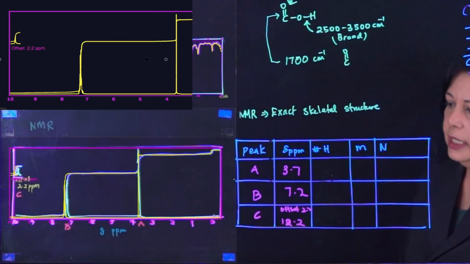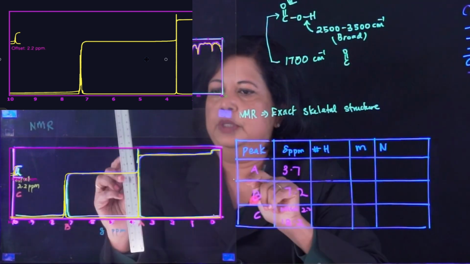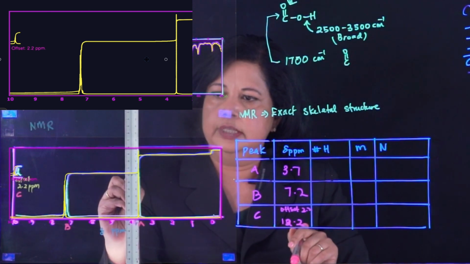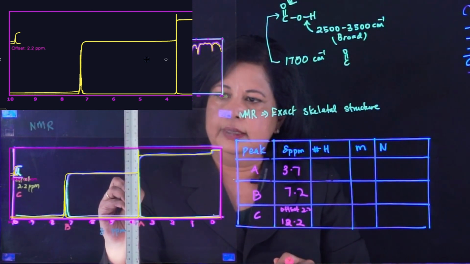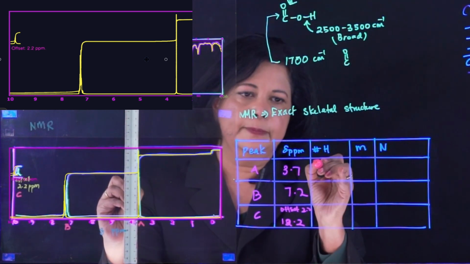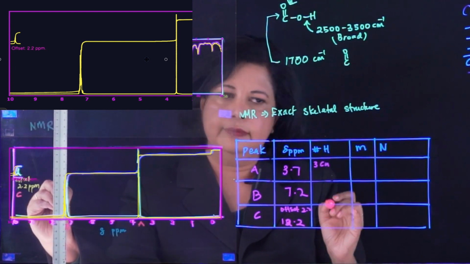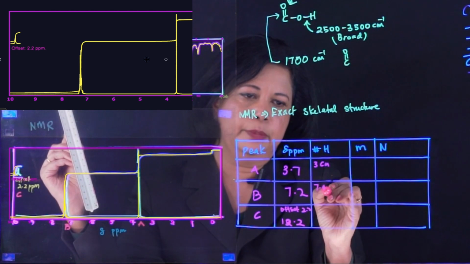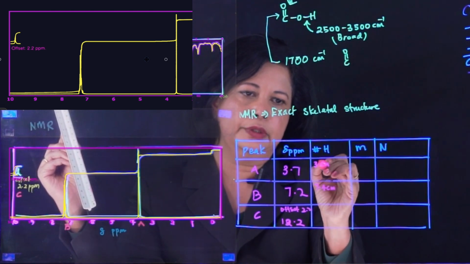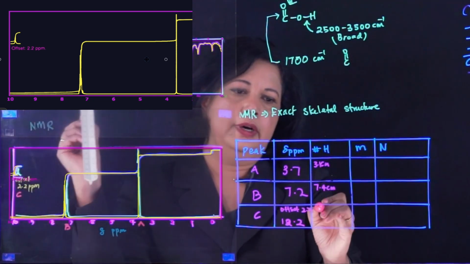Number of hydrogens, let's measure it. And then we'll do the multiplicity here. So in this case, this is 3 centimeters. Over here, this is around 7.5, or 7.4 centimeters. This is about 3.1. And this is 1.5.